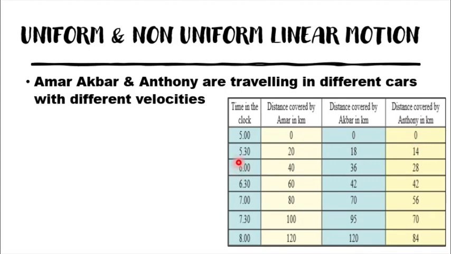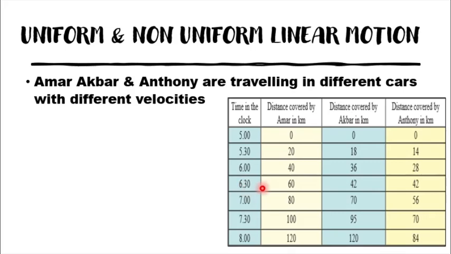At 5:30, Amar has covered 20 kilometers, Akbar has covered 18 kilometers, and Anthony has covered 14 kilometers. At 6 o'clock, Amar has covered 40 kilometers, Akbar has covered 36, Anthony has covered 28.